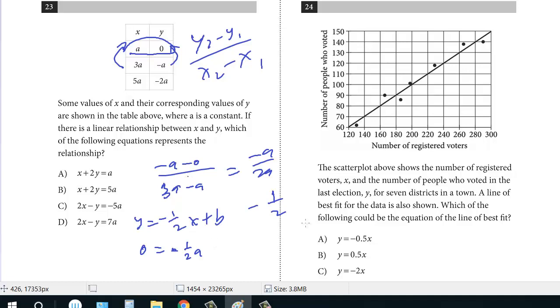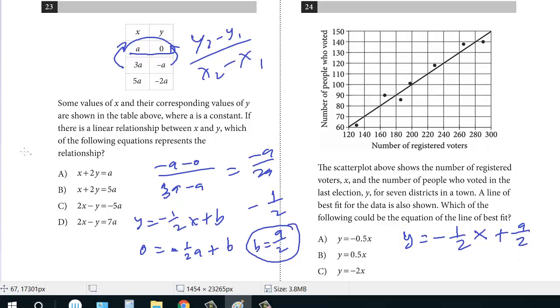Just because it's a variable, nothing changes. This is the value for x now, plus b. And so I now will add 1/2 a to each side. So b is just a over 2, right? 1/2 a. So here's our b. So now, last step to get the equation, I'll just write it over here. We have y, we can go back to x and y now. We have y equals negative 1/2 x plus a over 2.